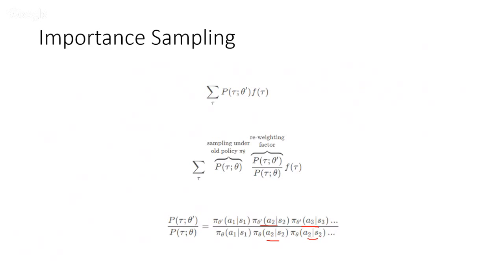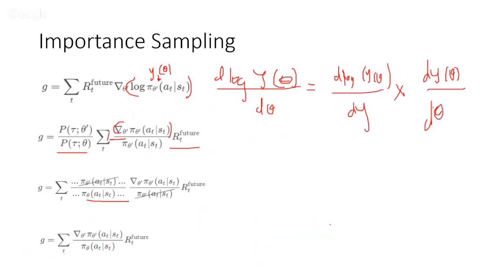Same goes for these other ones, and this got cancelled, and we are stuck only with this. The ratio of the probability of taking this action given theta prime, and the probability of taking the same action given theta, is very close to 1. Same goes for this and the other one.